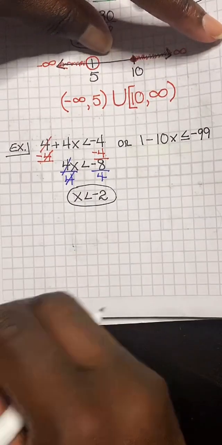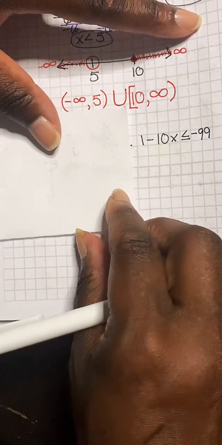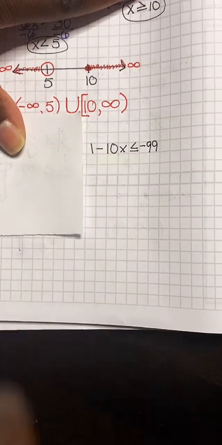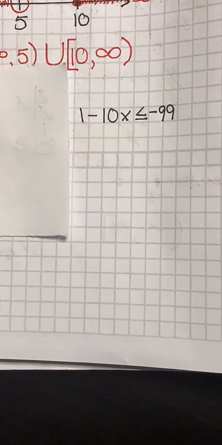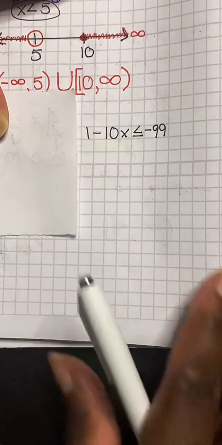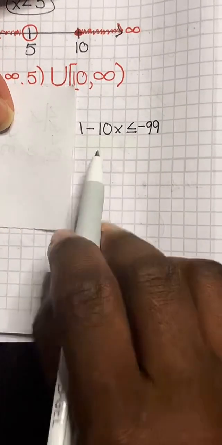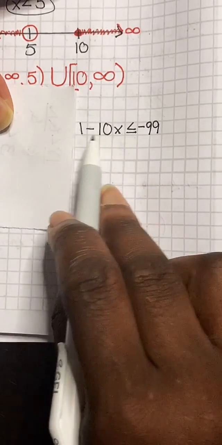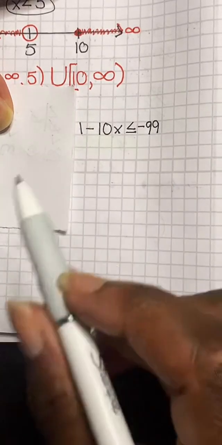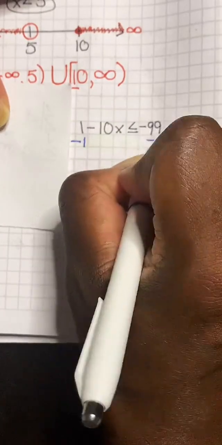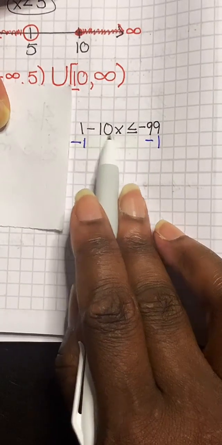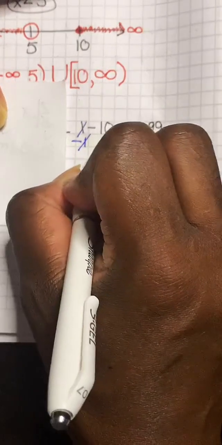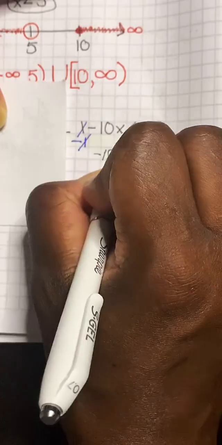So now we're coming to the other one. Let me cover that up and we're going to focus on this one. Make it a little bit bigger. Now we want to isolate this negative 10x, so this 1 needs to come to the other side. We're going to subtract 1, not add 1, because that minus sign is attached to this 10. So 1 minus 1 cancels out, and I can bring down my negative 10x.